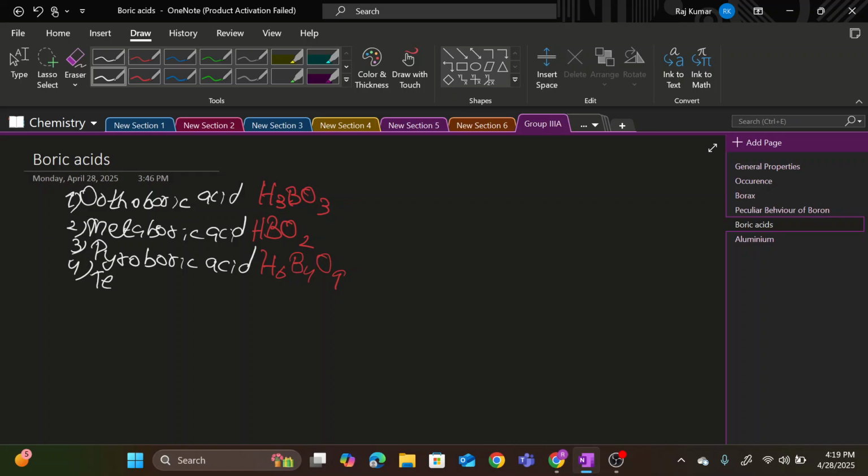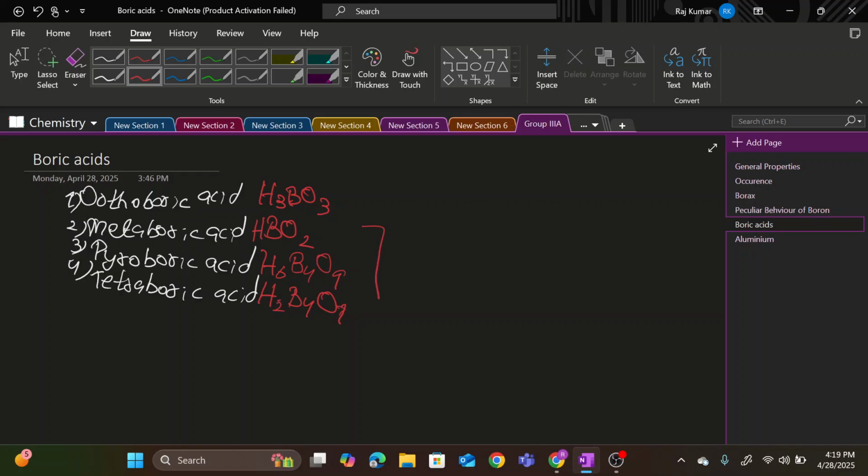And then we have tetraboric acid, which is H2B4O7. So these are all of the boric acids.